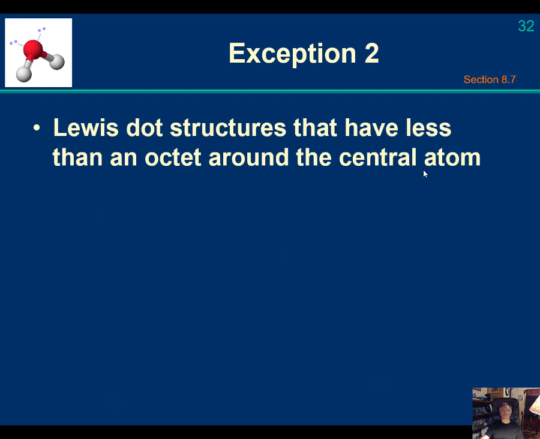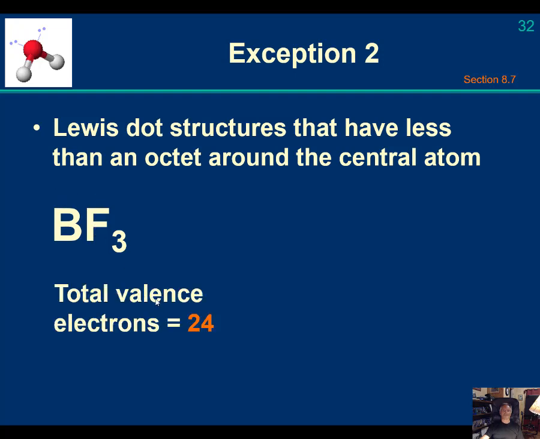Exception 2, Lewis dot structures that have less than an octet around the central atom. BF3 is certainly one of those. If you look at the periodic table, you'll see that boron is in group 3, fluorine is in group 7. So if you count the number of valence electrons, I'll draw that for you in just a second, plus one more.